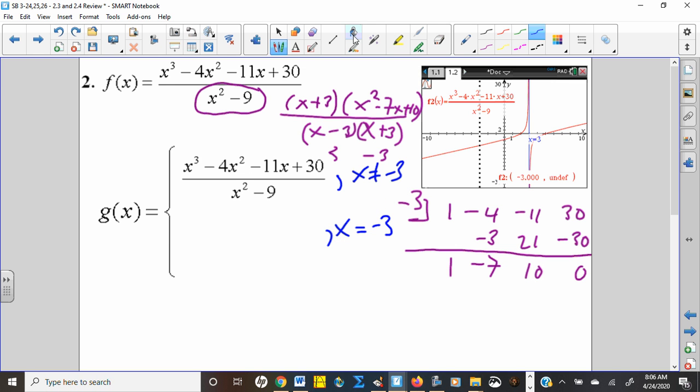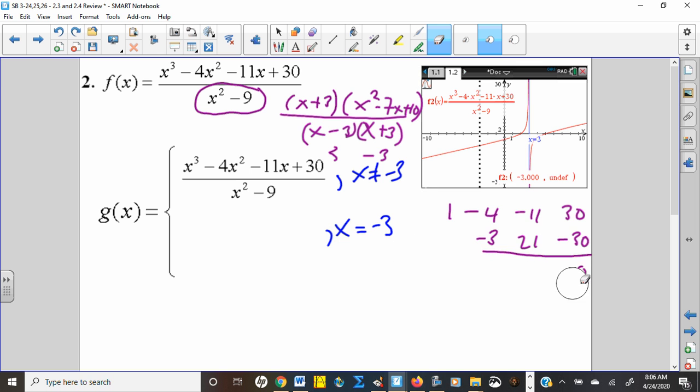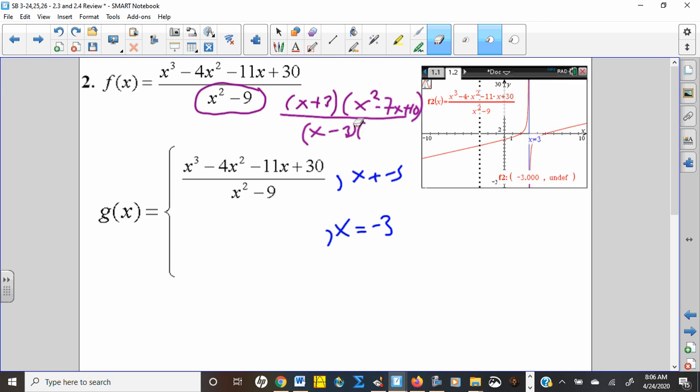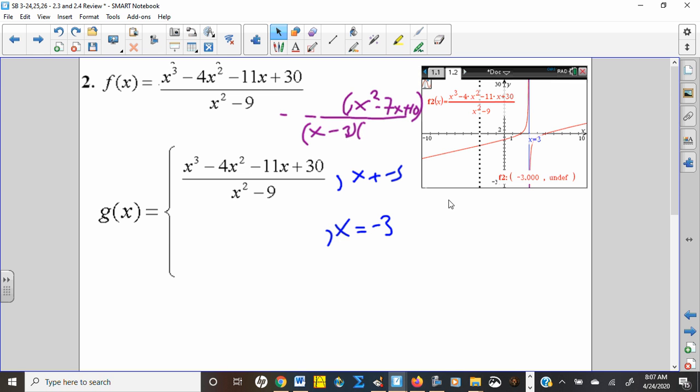So really all I need here, I'm going to go ahead and erase most of this. Don't need those x plus 3's, do we? Those are gone now. So really all that's left is this part of the function. And I'm just going to plug in the values down below.